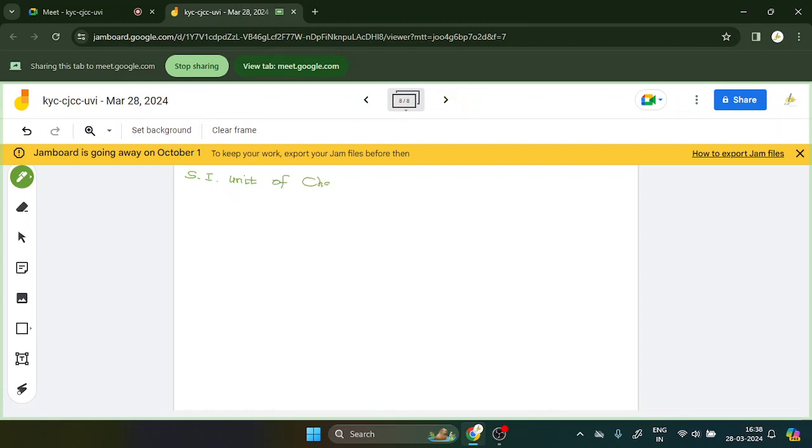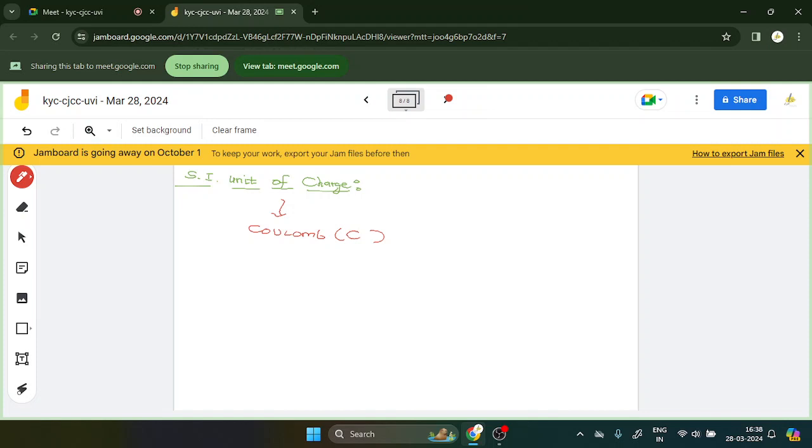Always remember that the SI unit of charge is Coulomb, which is denoted by capital C. If someone asks you what is the SI unit of charge, you will say that Coulomb is the SI unit of charge. Very good.